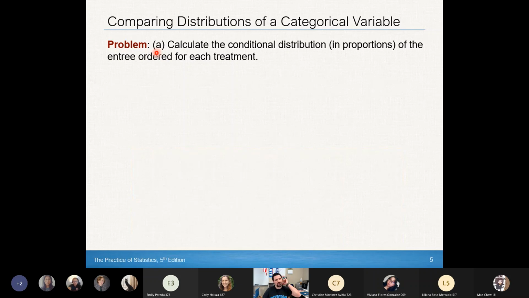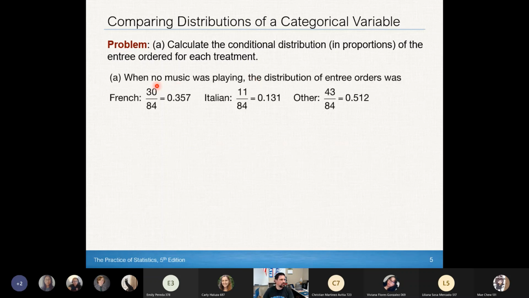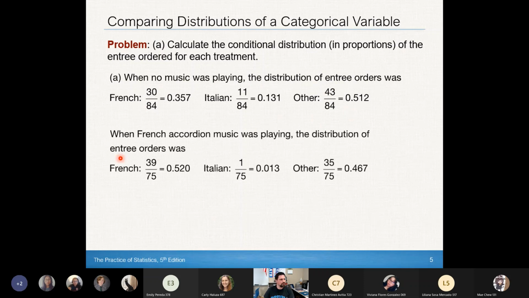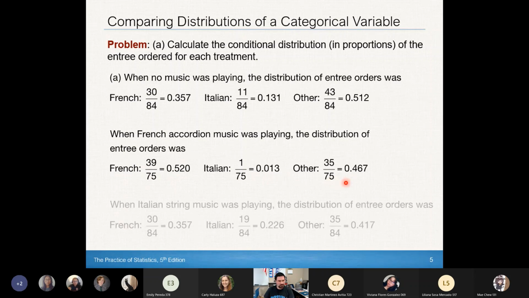First, we're being asked to calculate the conditional distribution in proportions of the entree ordered for each treatment. So when no music is playing, the distribution of entree orders was French of 0.357, Italian 0.131, and other 0.512. When the French accordion music was playing, we have the distribution of entree orders as French of 0.520, Italian of 0.013, and other of 0.467.